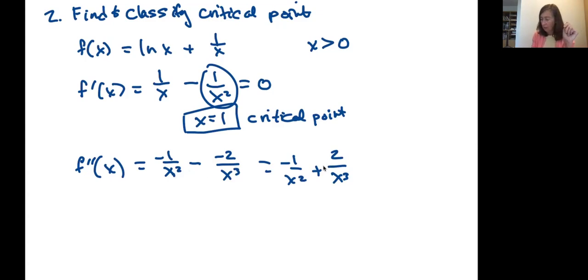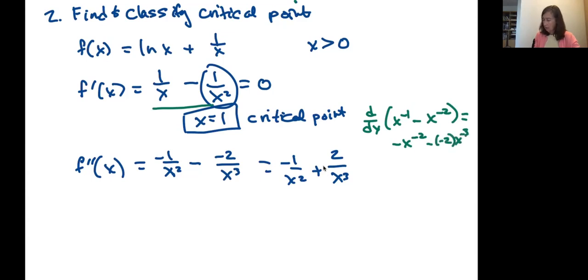Just to make sure you see what went wrong for me there, I was taking the derivative of this first derivative, which I'm going to rewrite as x to the negative 1 minus x to the negative 2, and that is negative x to the negative 2 minus negative 2x to the negative 3, which then equals negative 1 over x squared plus 2 over x cubed. Once I put the x cubed in the denominator, I lose the negative sign. And so that was what I was fixing right there.